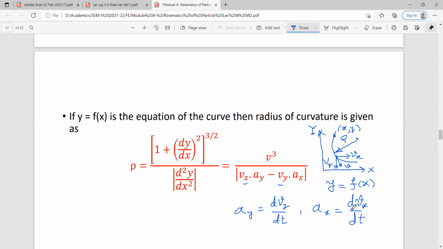So you calculate these terms which are there in the formula, and you can then go for calculation of radius of curvature. You also note it down, then we'll go to solve the numericals on this particular topic.